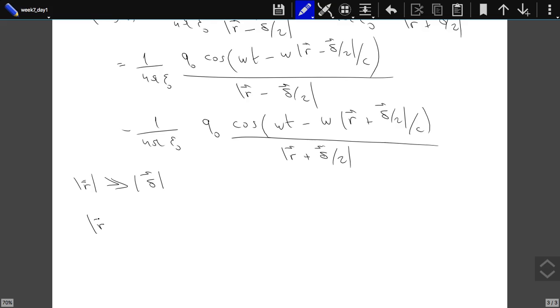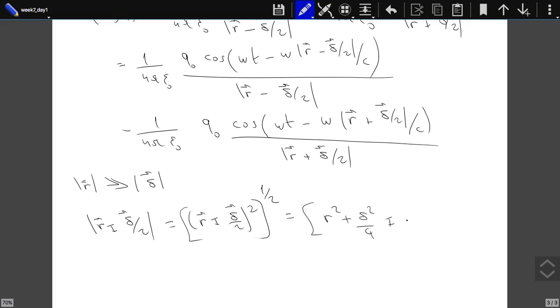Well, this will tell me that |R ± delta/2| is equal to (R ± delta/2) squared to the power 1/2. This is equal to (R squared + delta squared over 4 ± R dot delta) to the power 1/2.